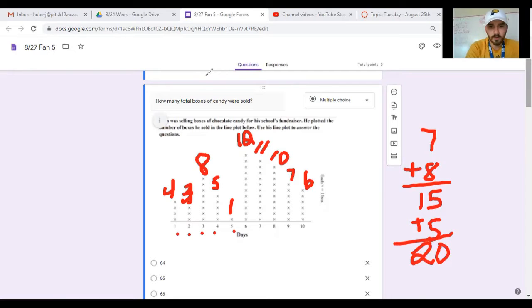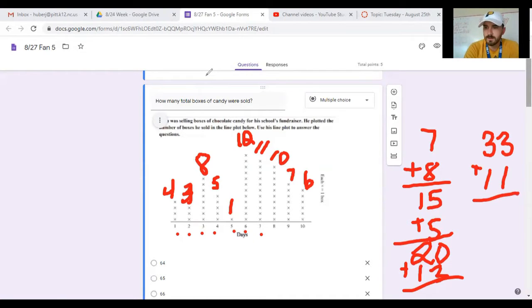Day 5, we had 1, which I'll just go ahead and add to day 6, which gives me a total of 13 more. That puts us at 33. All right, day 7, we had 11, which is going to put me at a total of 44. Plus 10 more from day 8 is going to put me at 54.